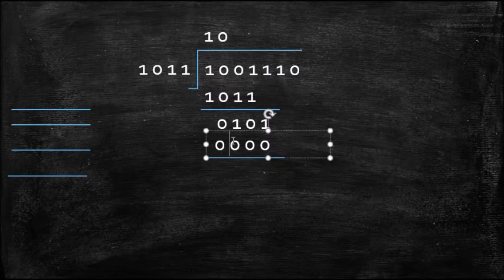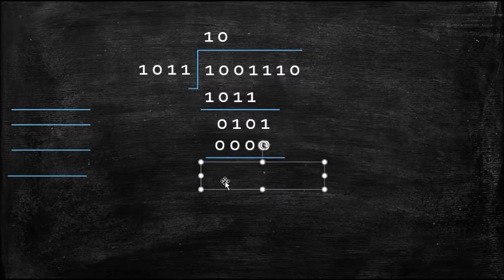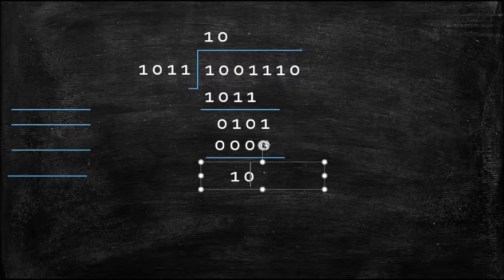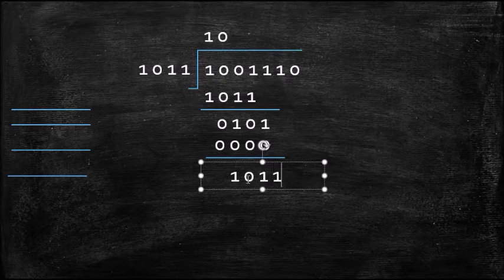So 0 XOR 0 will maintain 0, 1 XOR 1 is 0, 0 XOR 0 will be 0, 1 XOR 0 will be 1. So we become 0, 1, so this is the effective step.